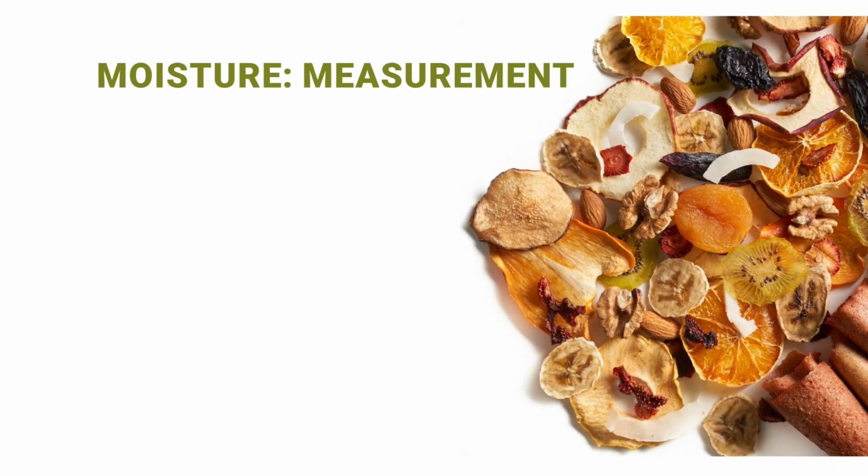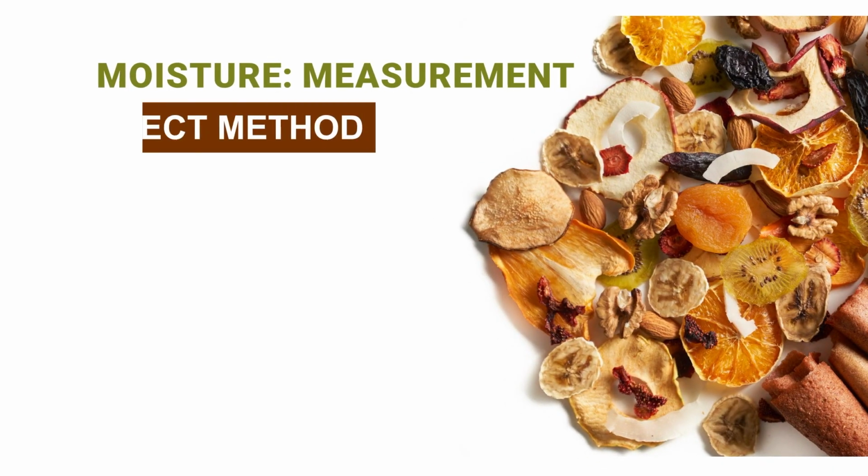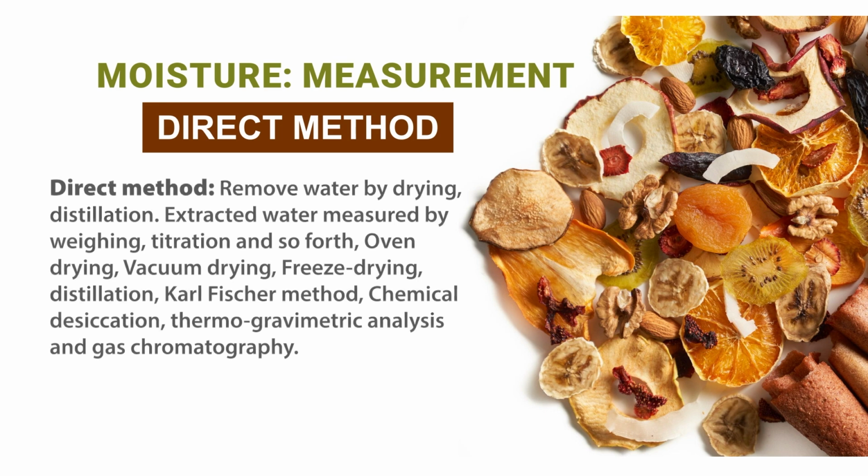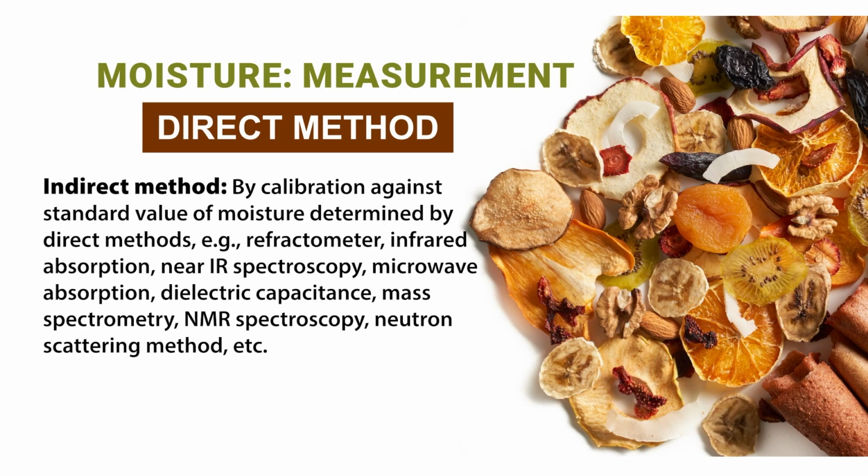So moisture measurement can be direct: you remove the water which is there and know how much is the weight loss. For that, you either dry it in an oven, you dry it under vacuum, you freeze dry it under pressure and low temperature, you dry it by distilling, or you do it by the Karl Fischer method. But then there are indirect methods.